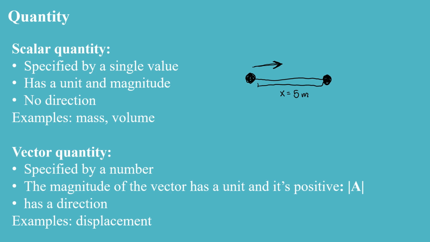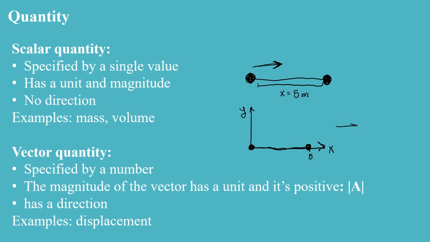To make it more clear, let's go with choosing the origin. Like I have this coordinate system, x and y, right? And now I move the object from the origin to this point right here. I'm going to say this is 0, and then this point right here is 5, right? Now it's clear. I moved it in the positive x direction and I can represent it as a vector.